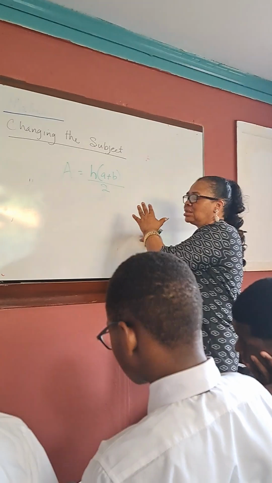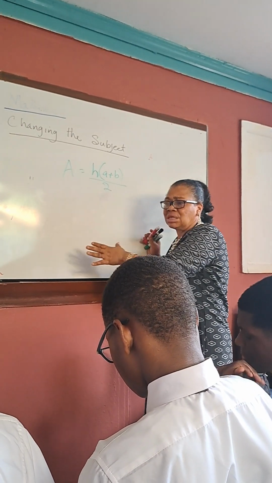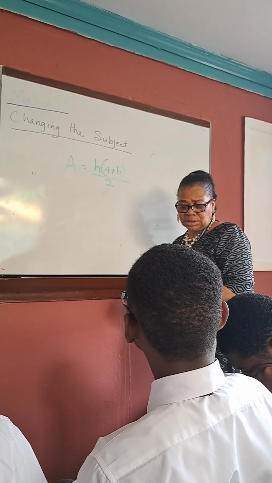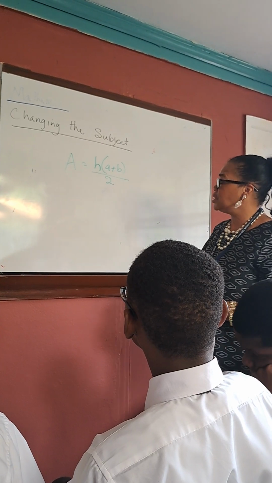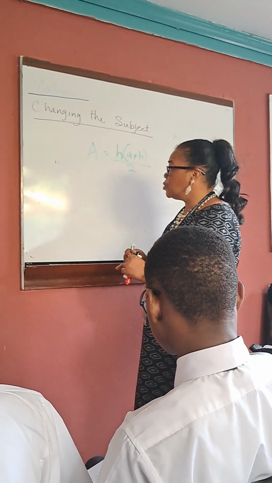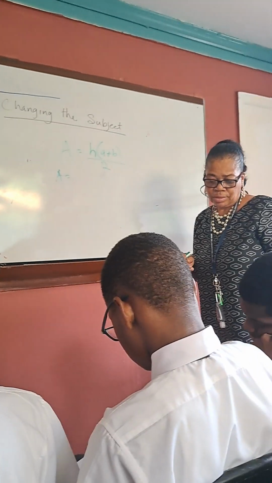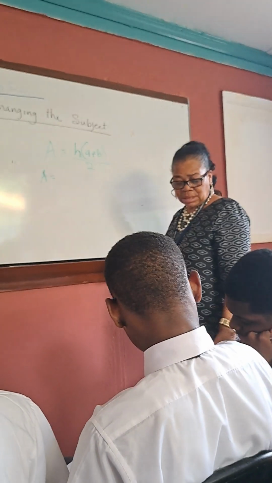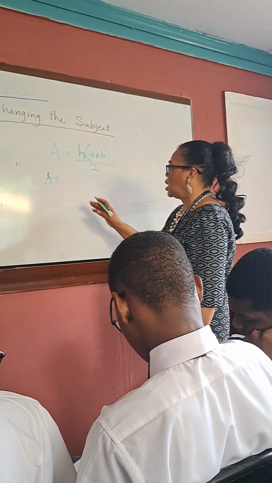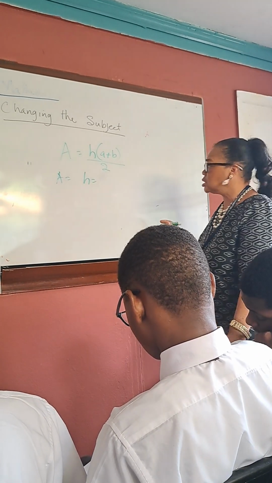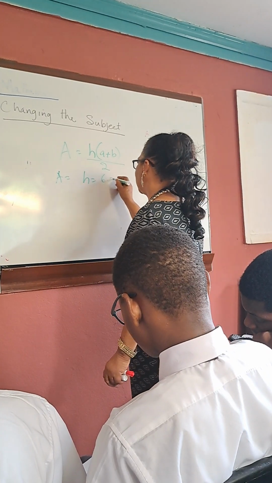And so the change of subject is also mixed up with substitution. They're going to give you some substitution. So they gave me some things here. Calculate A when h is equal to 6.3. What else did they give me?